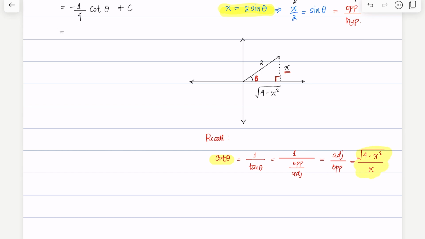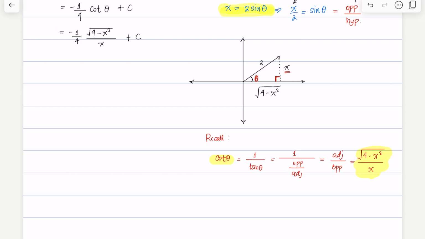That means that I can substitute that in my expression. So I have 1/4. The cotangent is just the square root of 4 minus x squared all over x plus c.